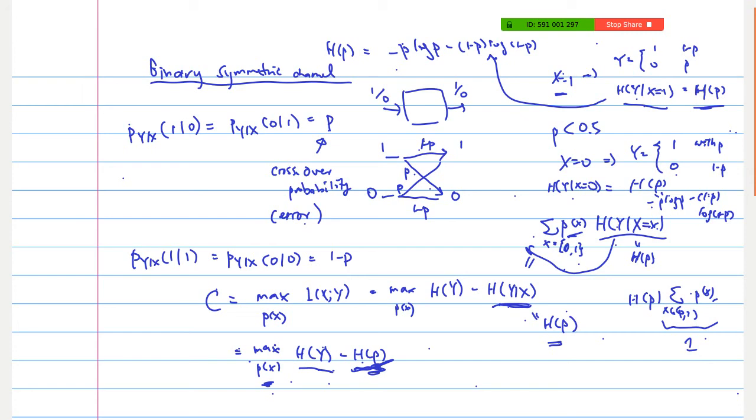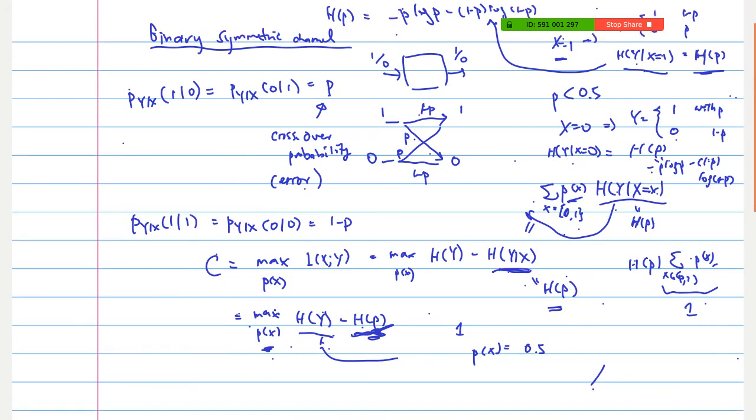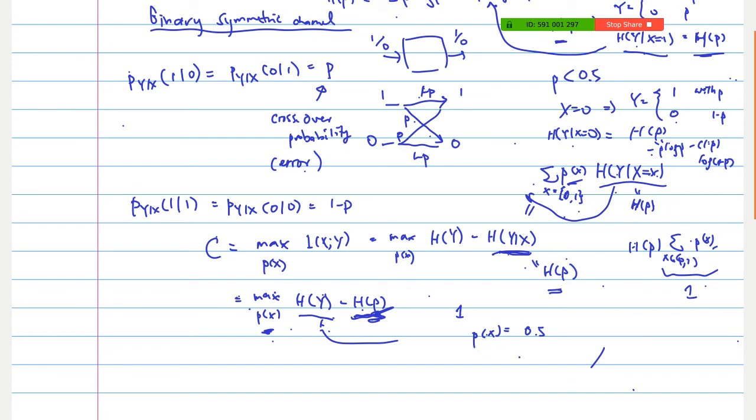Yes, it will be just 1. H(Y) is maximized and equal to 1, and that happens when p(x) is uniform. If p(x) is 0.5 for both x equal to 1 and 0, then the distribution for y will also be 0.5 for both y equal to 1 and 0.